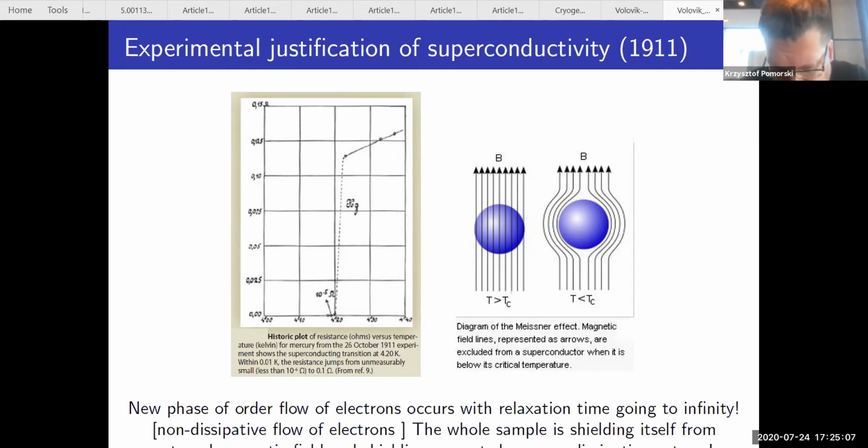So there are about 3 orders of magnitude of difference in binding energy. In case of superfluid helium, there is hyperfine interaction that is also important. And in case of superconductors, there is interaction between electrons and phonons, which is a very important mechanism behind the pairing of electrons. Okay, so let me move on.